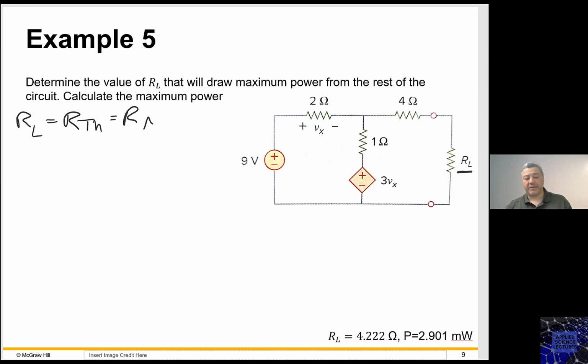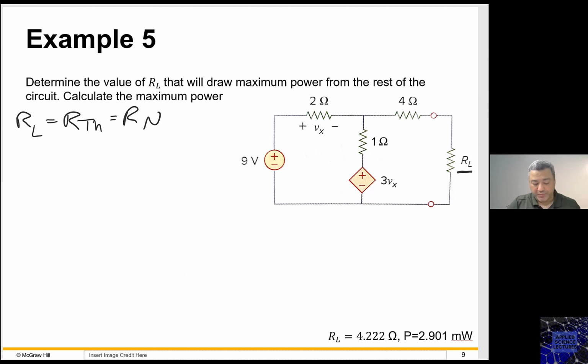Doesn't matter, they're the same. That's correct. So the question here is actually asking you to find the R Thevenin for this circuit.